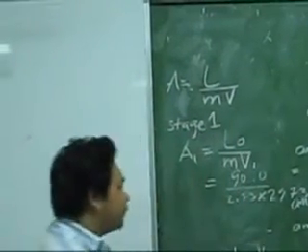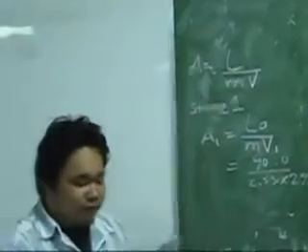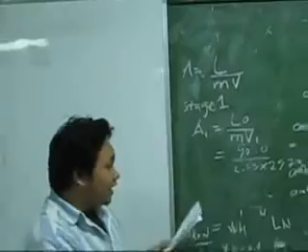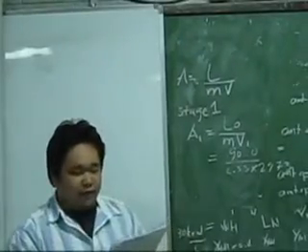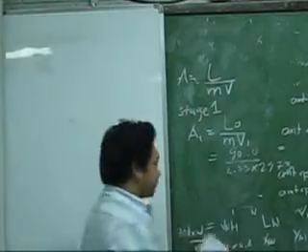You might be wondering what this is. Earlier we said that the equilibrium relation is YA equals 2.53 XA. So 2.53 is the slope of that equation.